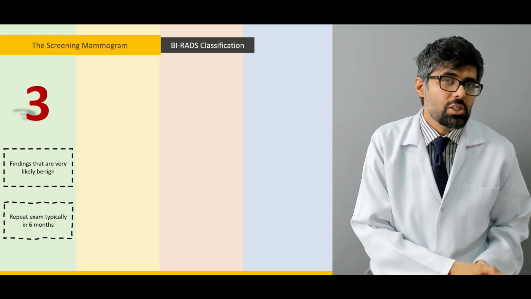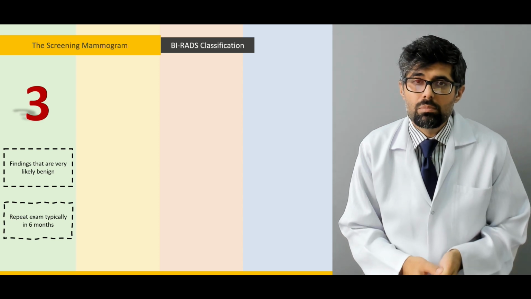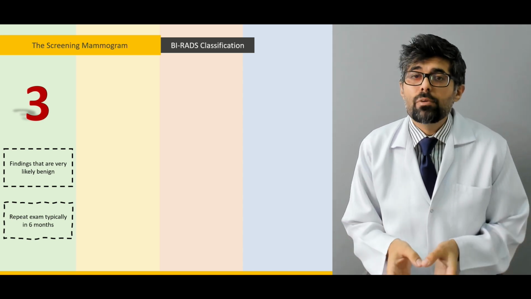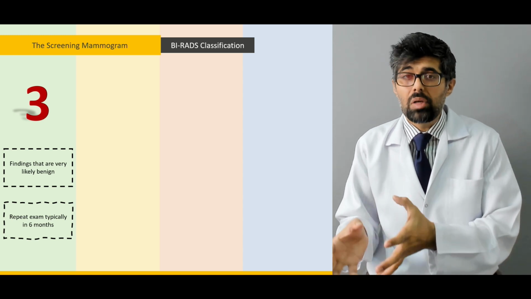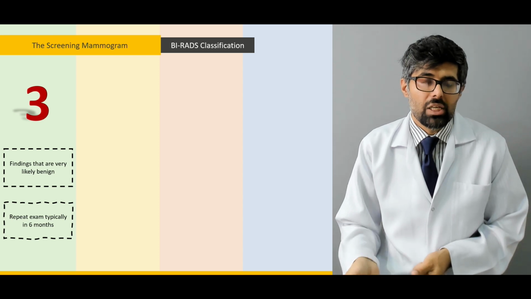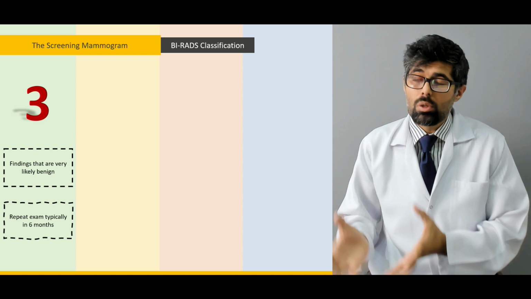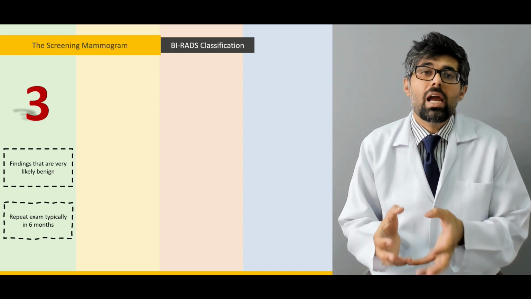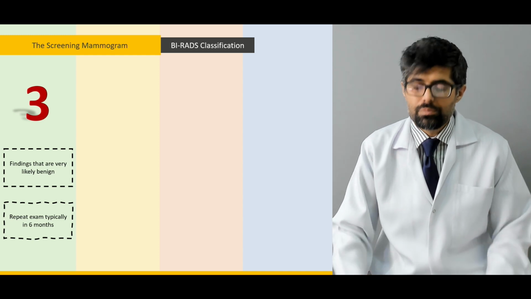So from once a year it goes to twice a year, because there are a few things on the mammogram which pointed to being malignant, but it's not enough to label it as a malignancy. It's more benign, but still one must not take risk and should perform mammography more frequently.